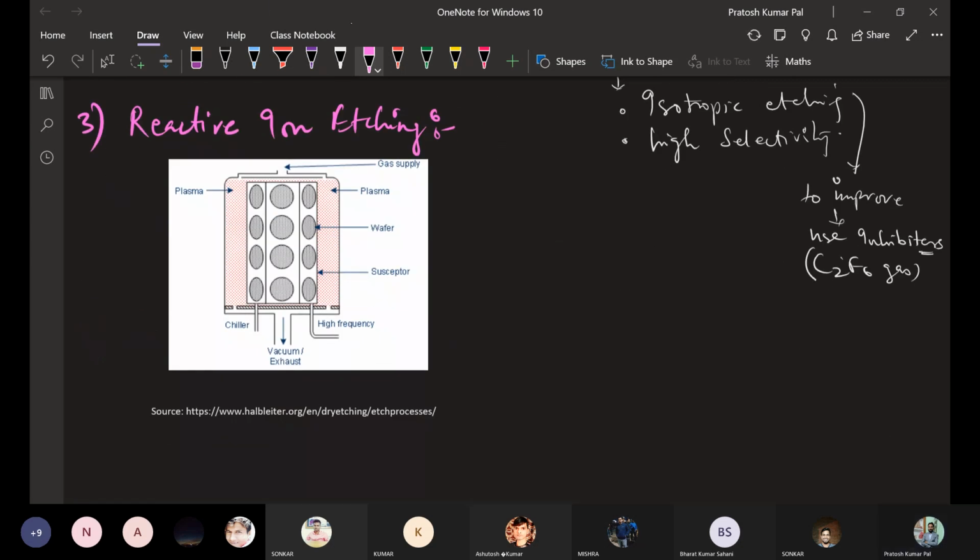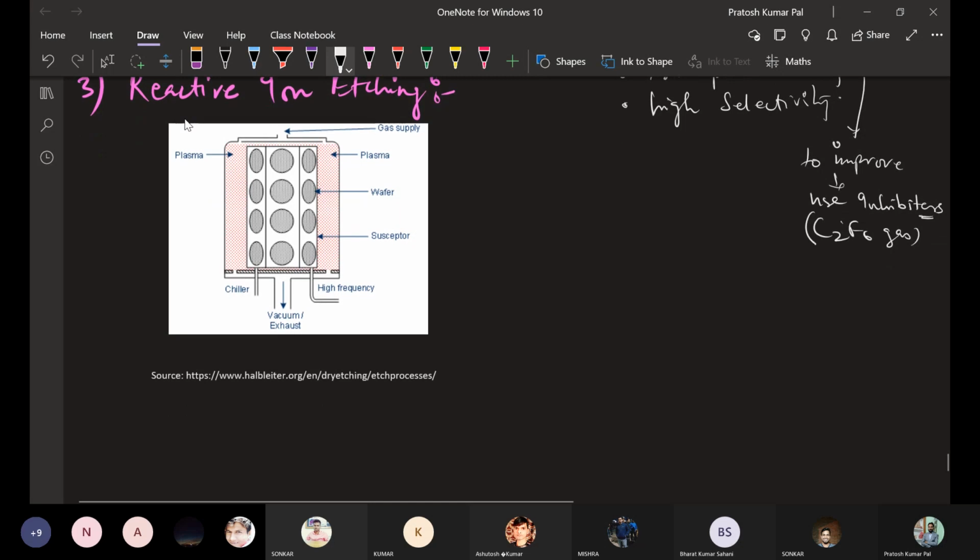Okay, so here in the case of reactive ion etching, it is the etching process that is basically different from the plasma etching.